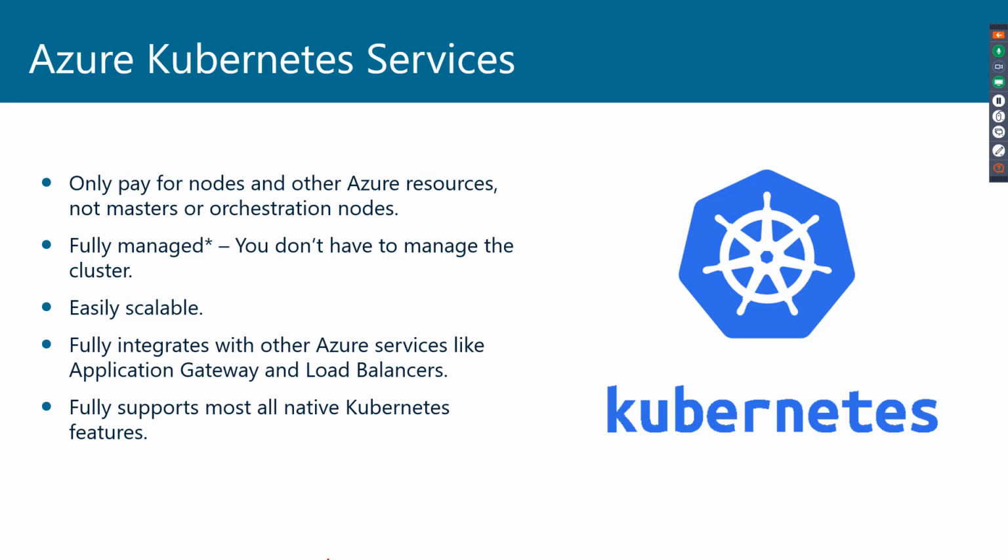All of these different tools aren't provided to you in Kubernetes services, but you can bring them to bear, and they will run on AKS just like they would on an unmanaged cluster as well.